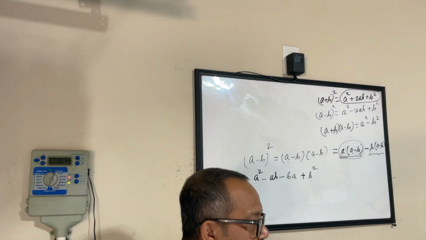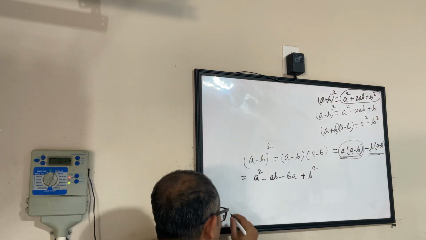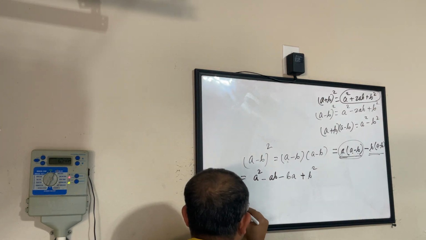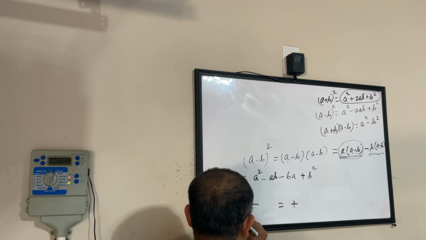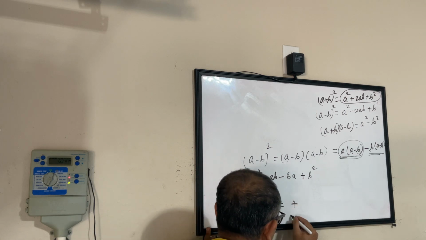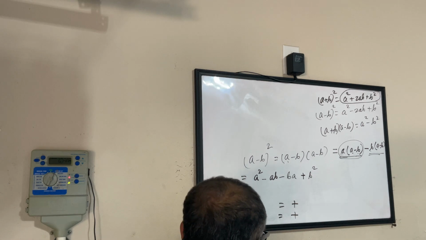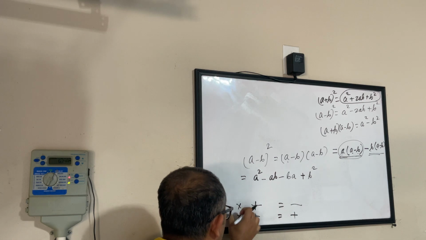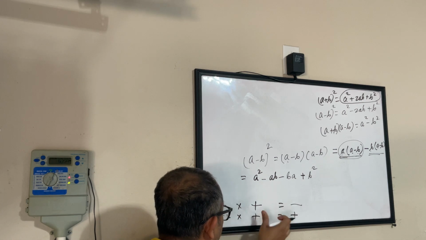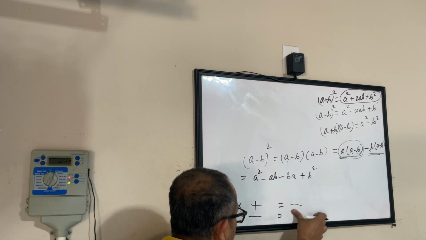Yeah? Remember this thing. Same signs, multiplication will get you a plus always. Same signs when you multiply, you get a plus. If the signs are different, you put a plus here, this changes. You put a minus here, it changes.